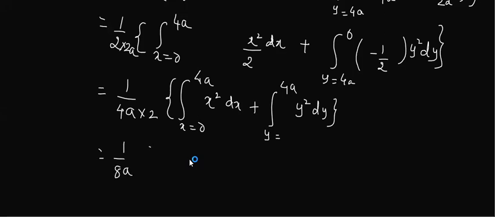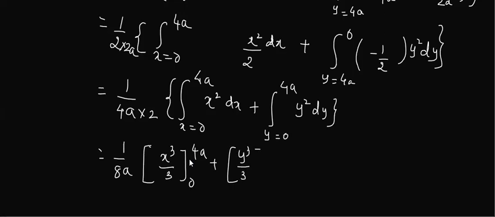Yes. Now integrate and substitute. See what is the answer. What is the integration? x cube by 3 plus y cube by 3, 0 to 4a. Evaluate it. If this 3 comes out, it is 8 3s are 24a.